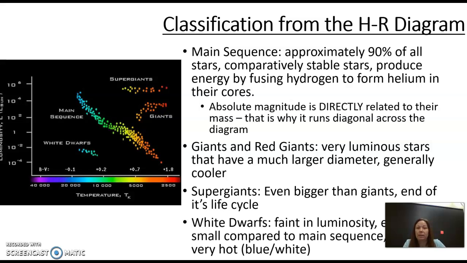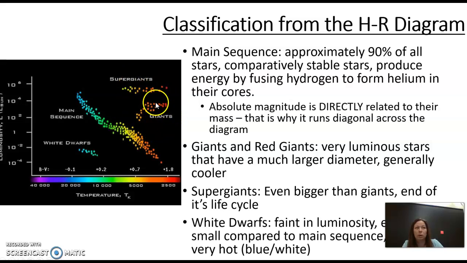The absolute magnitude is directly related to their mass, and that's why it runs diagonal across the diagram. So you have your small and hot, and then your dim and cool.